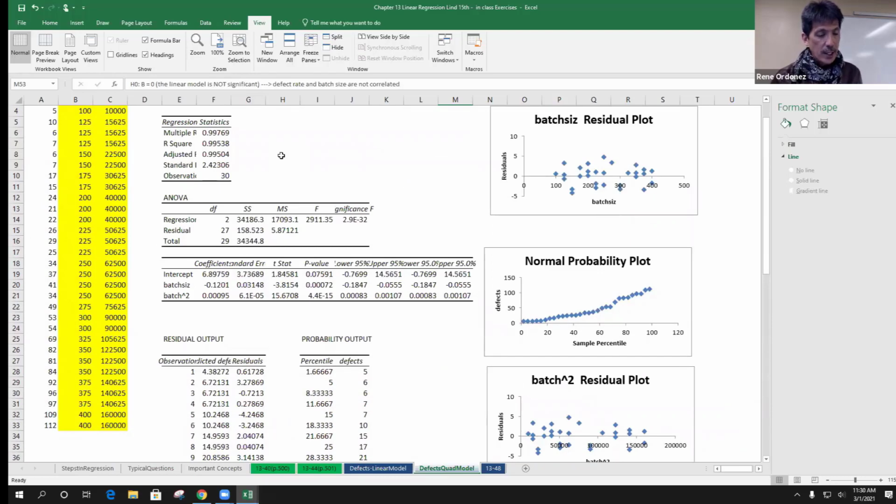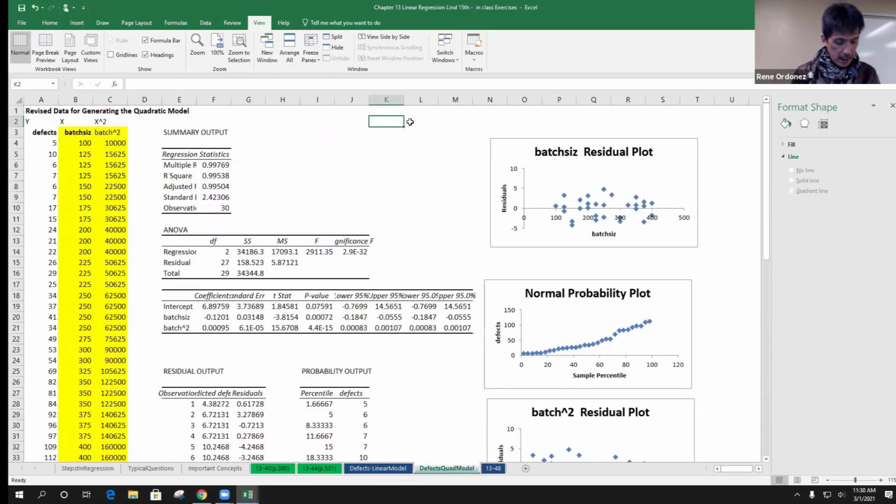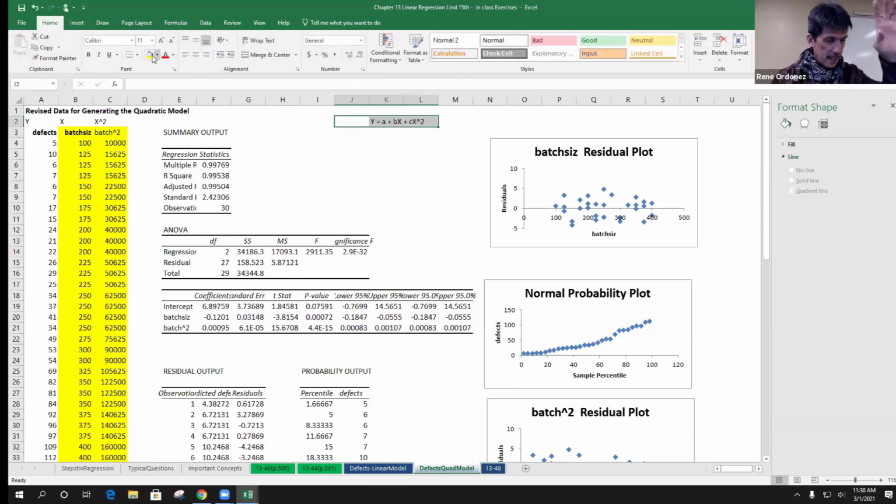The regression equation follows this model: Y is equal to A plus BX plus CX squared. The quadratic model that we said would at least follow the plot.